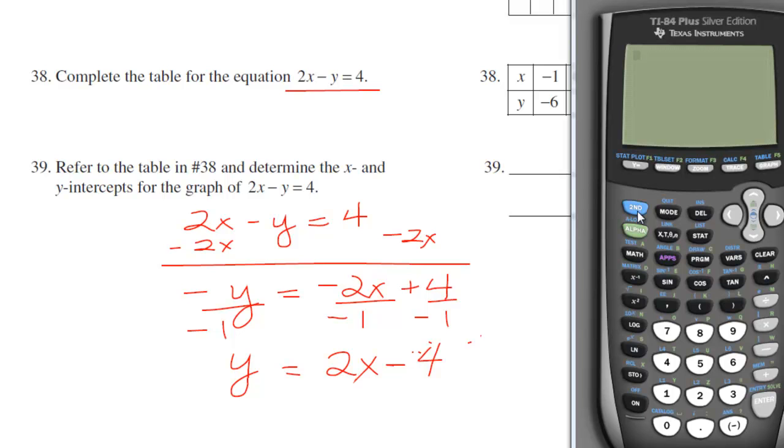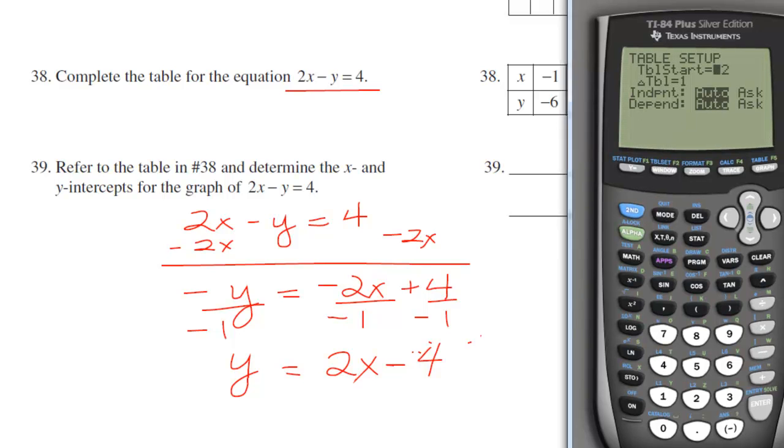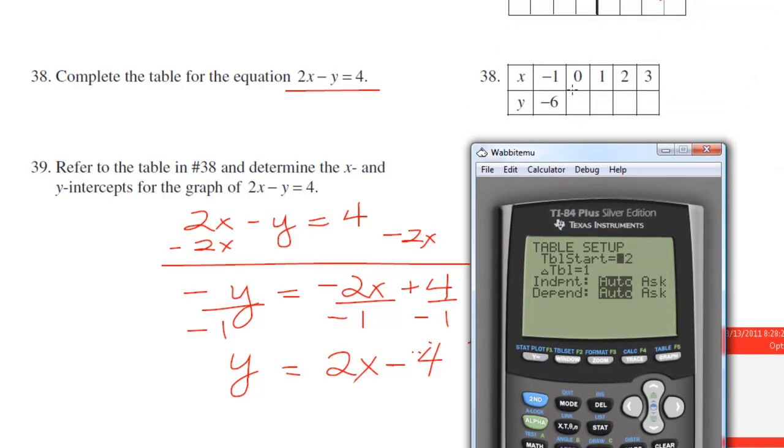So the gray button, y equals, and then we're going to put 2x, don't forget there's an x key, minus 4. Then we're going to look at the table set, and since my table starts at -1, I'm going to just let my table in the calculator start at -2 and go by increments of 1.